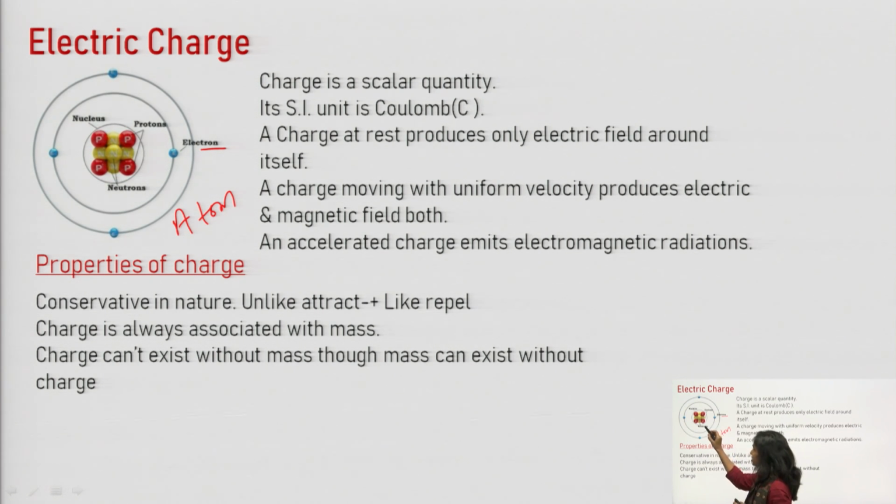Then the nucleus, which is positively charged and has some mass, has protons as well as neutrons, among which the proton is positively charged, however the neutron is negatively charged. So we can classify charge into two parts basically, positive charge as well as negative charge.